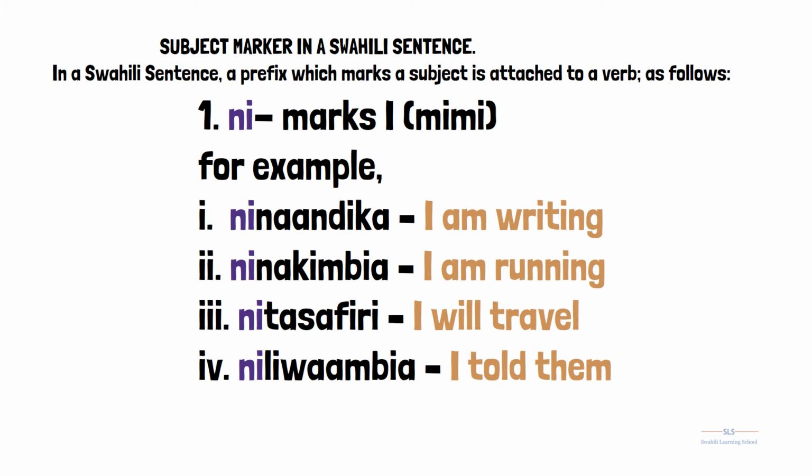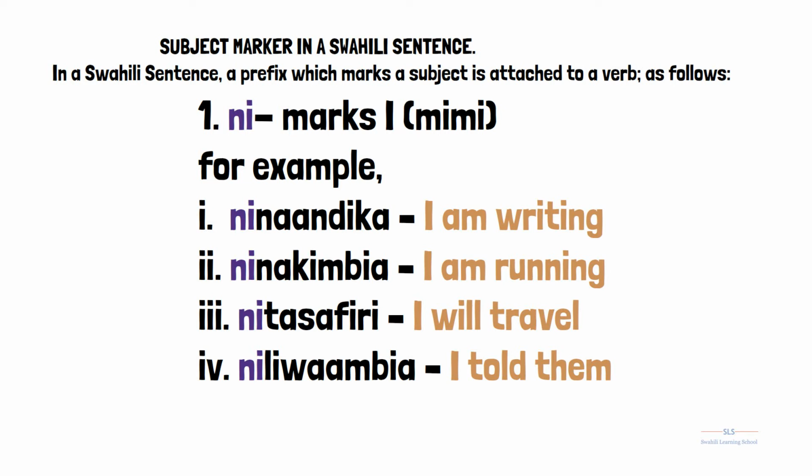So in Swahili, the verb alone can carry the meaning of the sentence. Like when you say ninaandika, it is a complete sentence, almost the same as I am writing, because we could say mimi ninaandika. Mimi ninaandika is the same as I am writing. But because ni represents mimi, sometimes we tend to omit the subject.